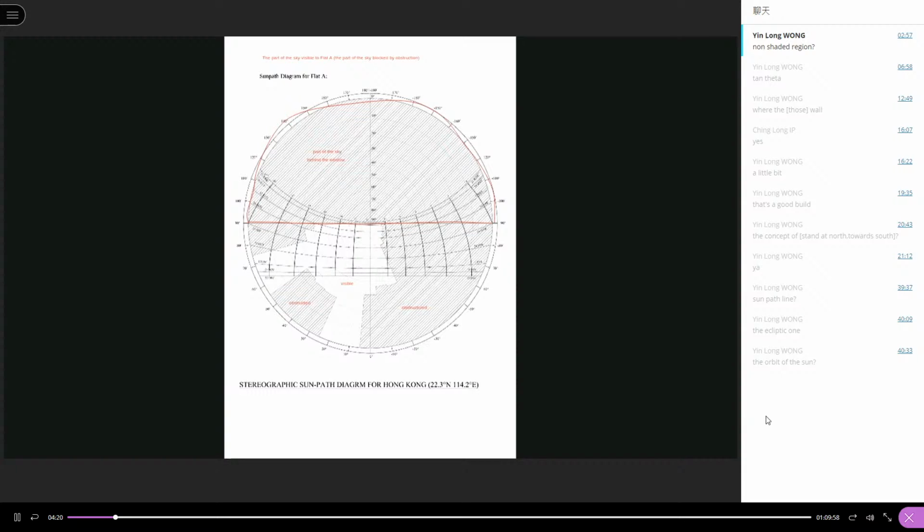So for flat A, the window is facing south, so the part of the sky in the north direction, this half of the sky, will not be visible to the window. So now the problem is, how can we draw this shaded area?